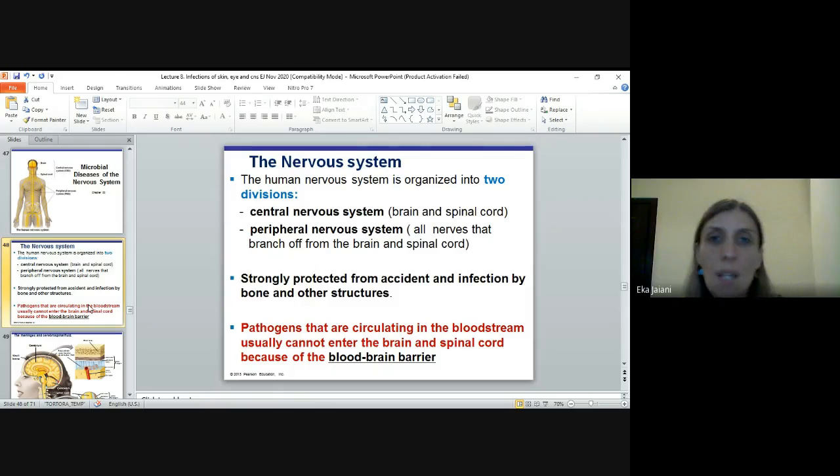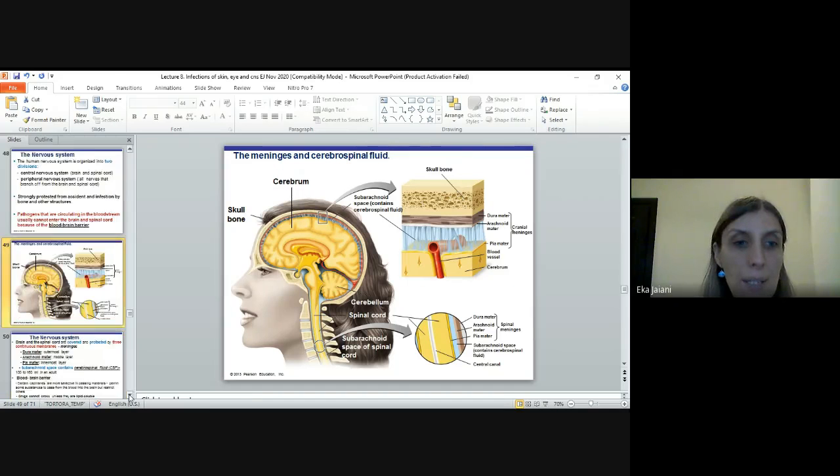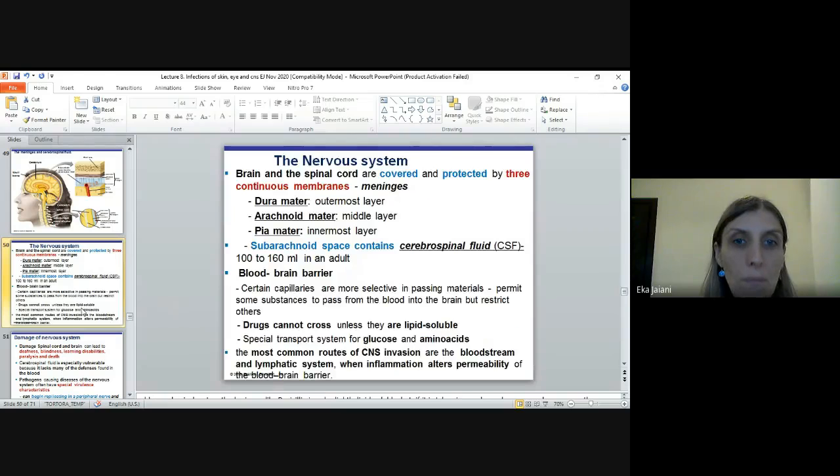I will also not discuss anatomical details of the nervous system. I'm sure you know this. We have the central and peripheral nervous system. As we are short on time, let's move to the infections. What is important to note here is that there's a blood-brain barrier.